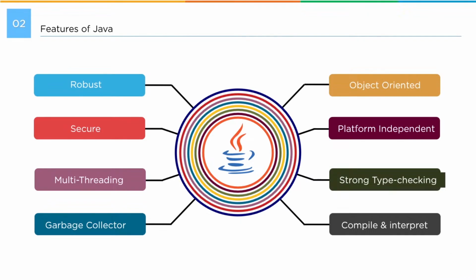It's a platform-independent language, which means that, again, going back to the previous point of write once, run anywhere, it basically enables the program to be run on any platform once compiled. So once you have prepared your program and you have compiled your program, then your compiled program can be run on any platform.